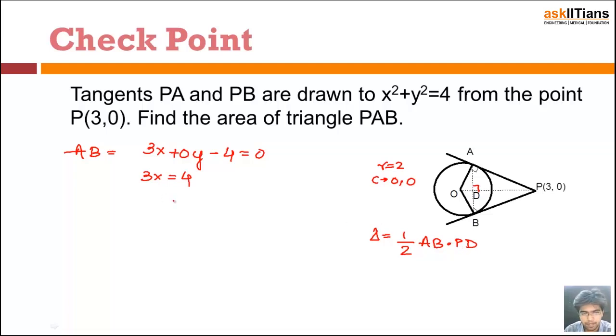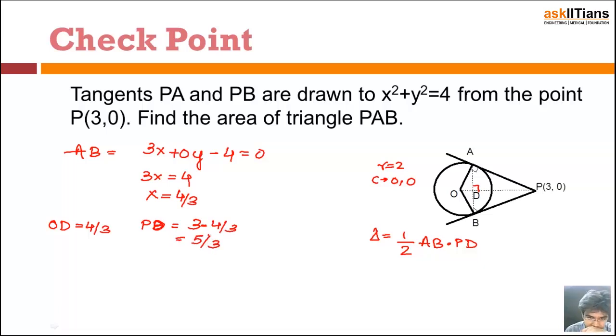How can we do it? If this is the equation of AB, then we know that OD is nothing but 4 by 3, and PD is 3 minus 4 by 3. That means 5 by 3.